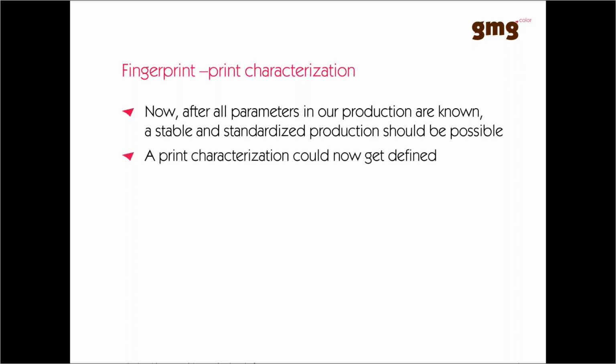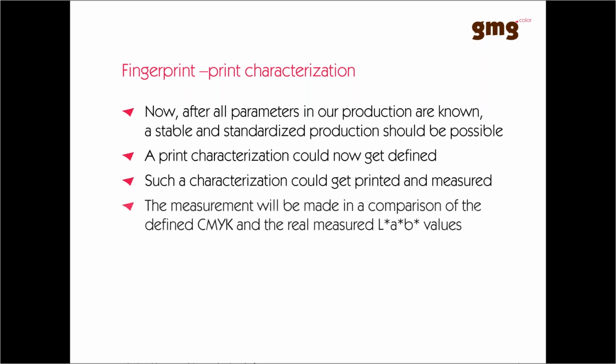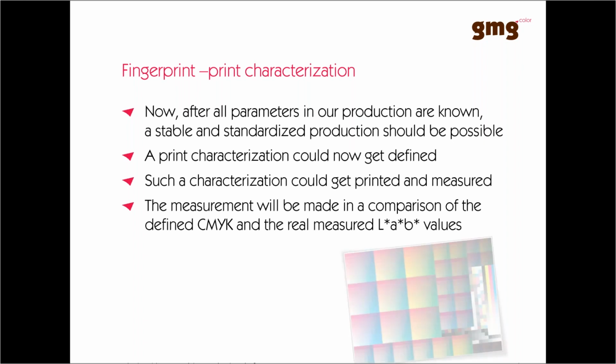And then you could start to define all the parameters and do a print characterization based on all your defined parameters. And these can then be printed and measured. The print, I will now talk about CMYK only, will be measured in LAB. And of course you can also, for packaging, use CMYK and spot colors, and they can also be measured in LAB.